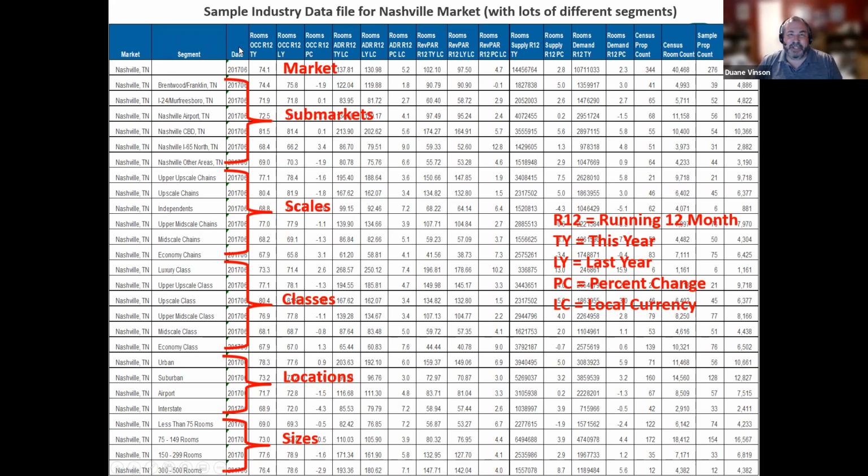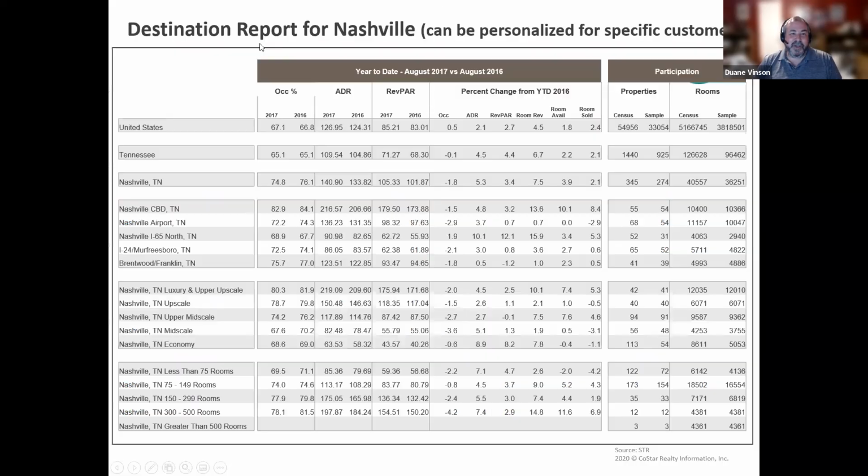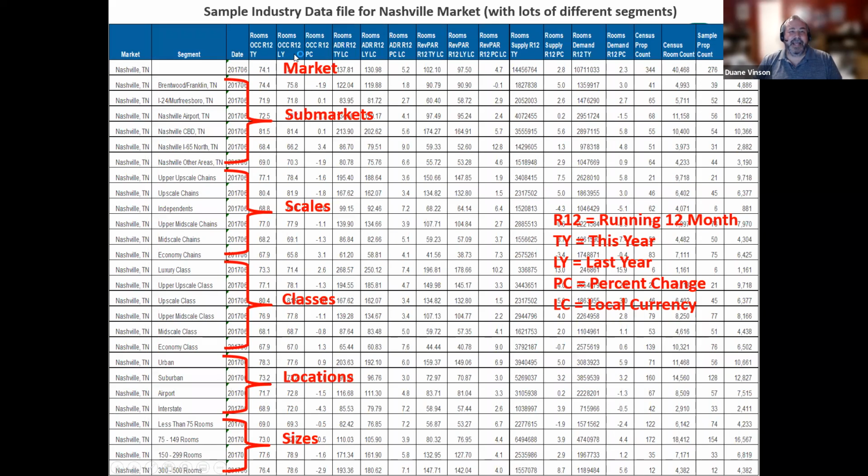I don't remember what it was we've included there for you. Let me explain what you're seeing in these columns across the top. All right, you will see some columns that say TY and LY. That is this year, last year. You see some that say PC, that's percent change. So we're giving you this year's 12-month moving average numbers, last year's 12-month moving average numbers, and the percent change year over year.